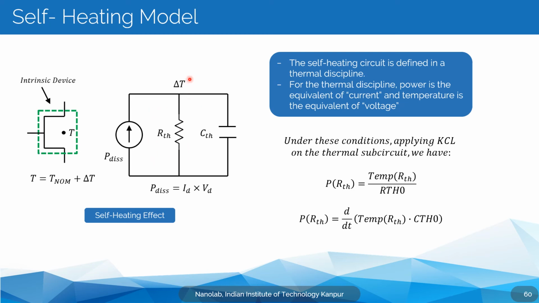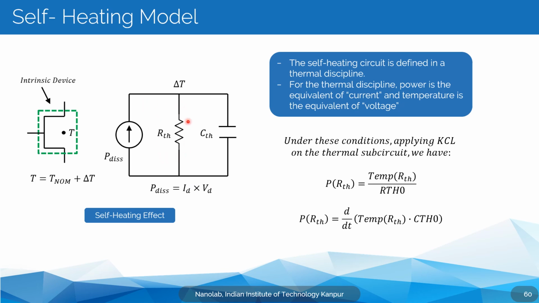Now this delta T is fed back to the electrical component of the Verilog-A code, which then increases the intrinsic device temperature, this T, and this T is used in all the model equations. So there is a feedback from the electrical part of the Verilog-A code to the thermal part, which governs the temperature change, and the rate of temperature change is determined by this resistor RTH.